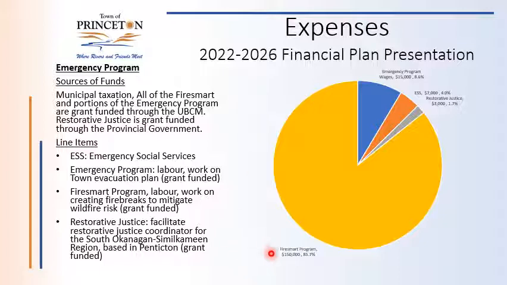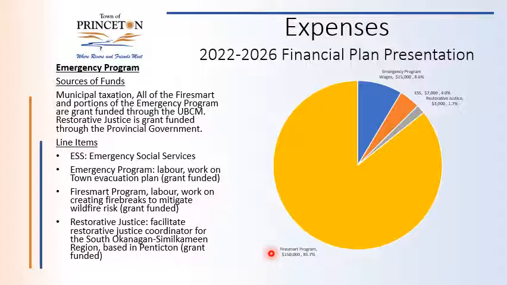The Fire Smart program is 100% covered through grants provided through the Fire Chiefs Association of BC, which is funded through the provincial government, and municipal taxation covers the minimal costs for the emergency program maintenance.